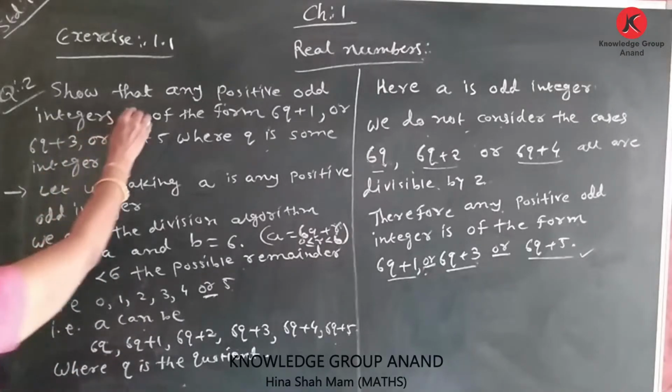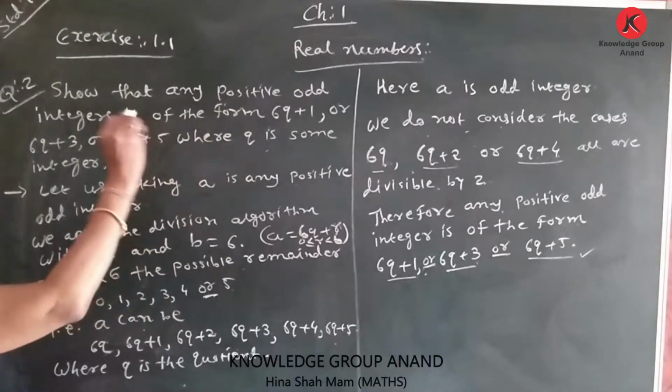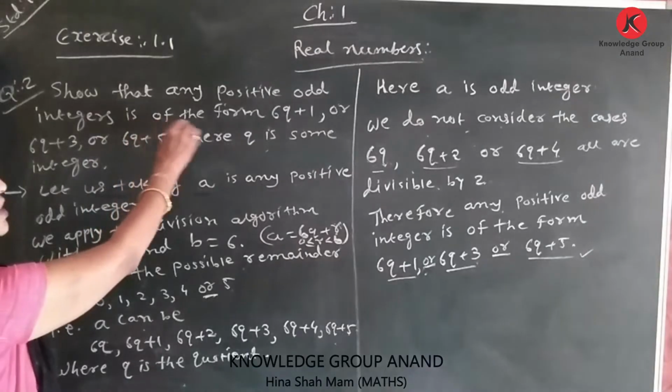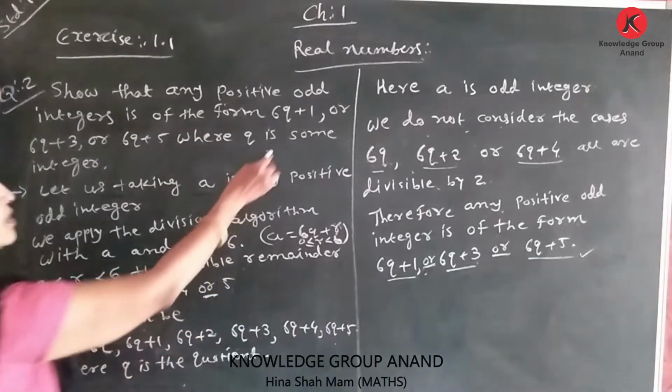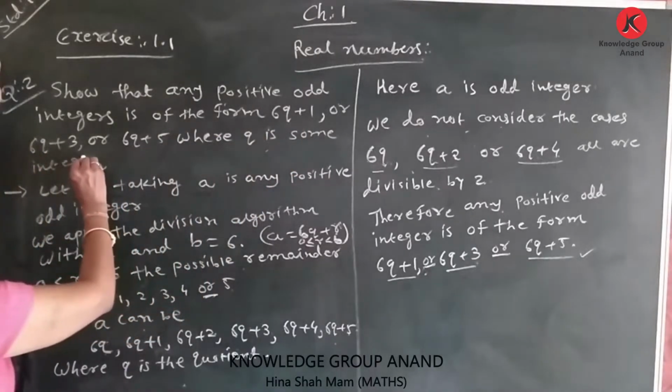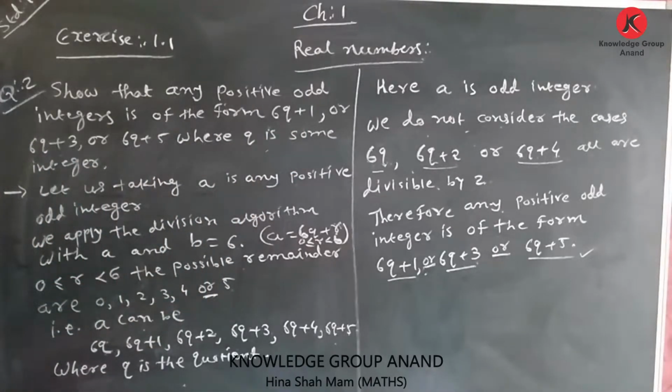Show that any positive odd integer is of the form 6q plus 1, 6q plus 3, or 6q plus 5, where q is some integer. Let us take a as any positive integer.